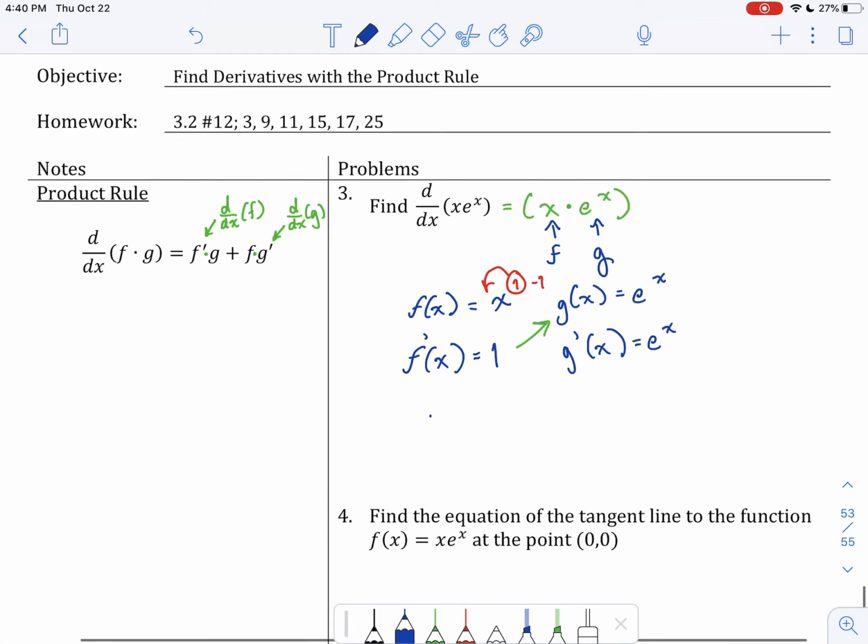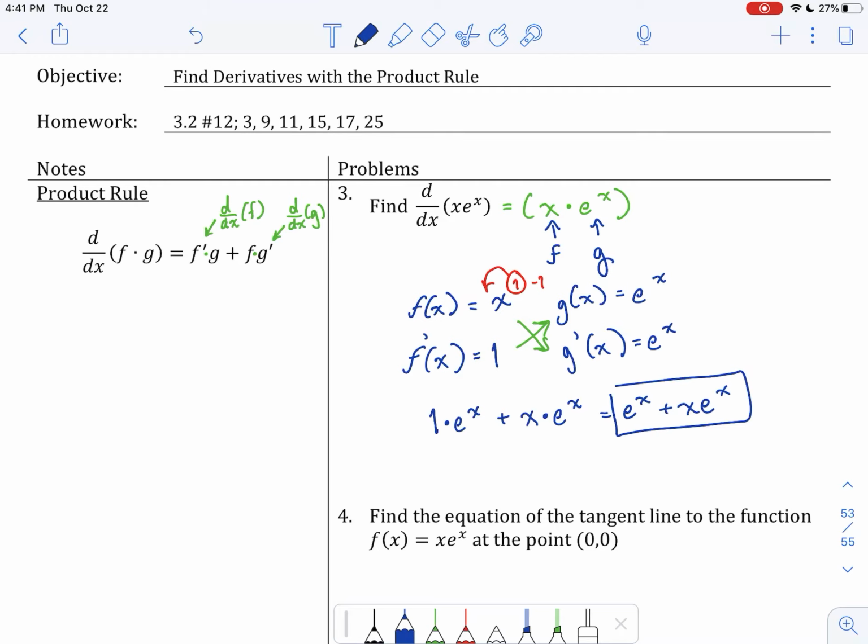F prime times g is 1 times e to the x, plus, now we've got f g prime, x times e to the x. So you can simplify that as e to the x plus x times e to the x if you want to factor it or do some other types of solving, which we'll come across later. But you can also just leave it like that. So again, we have f prime g plus f g prime.